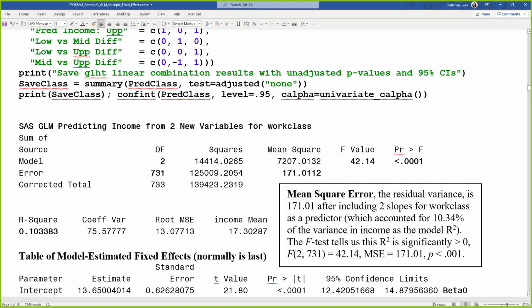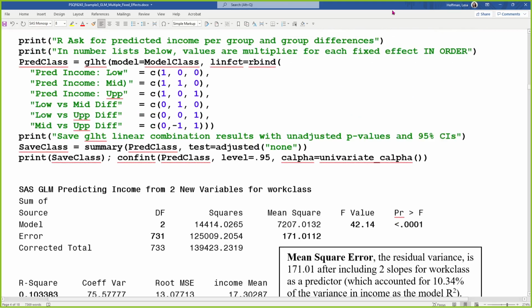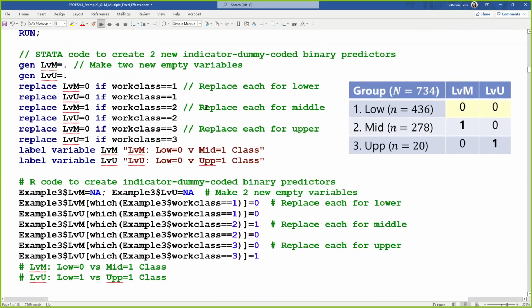4 steps again to answer a research question about how a categorical predictor is related to a quantitative outcome. Step 1, make the predictor variables. You can't put in the grouping variable of 1, 2, 3 directly because it will try to put a slope through 1, 2, 3, and these aren't numbers.